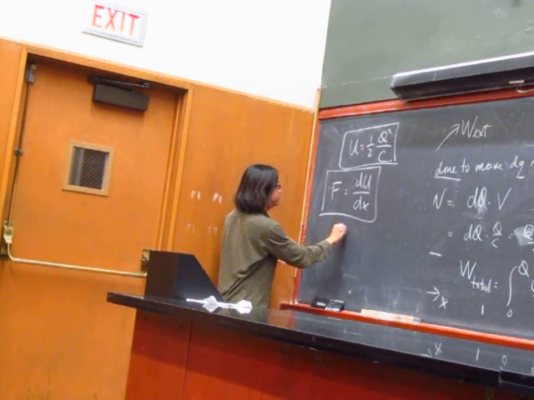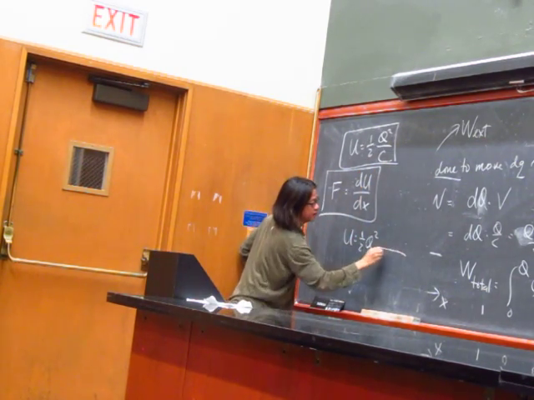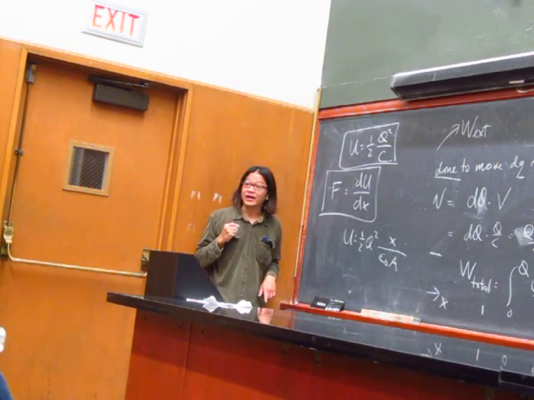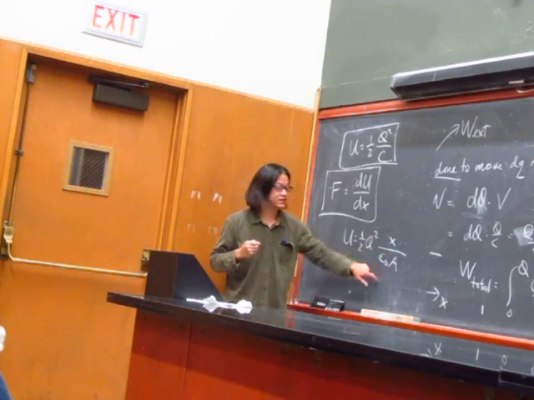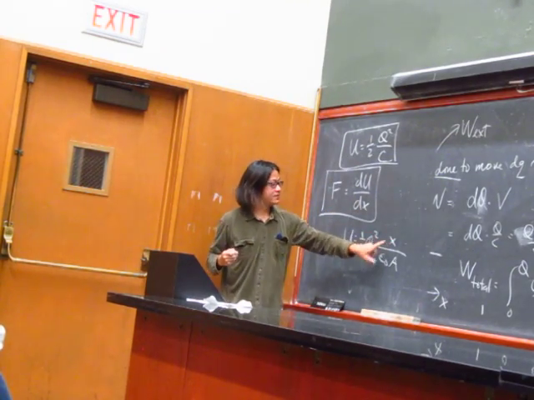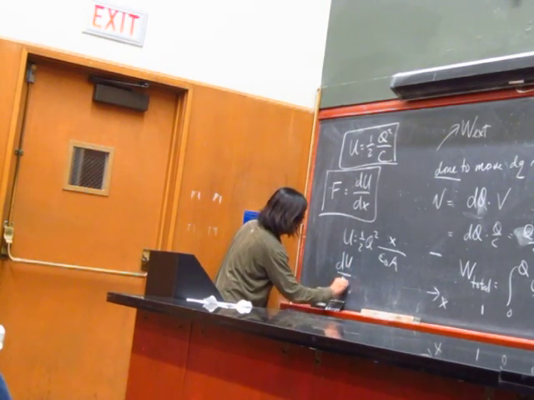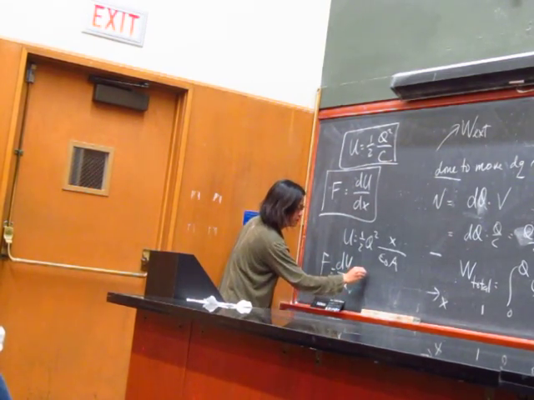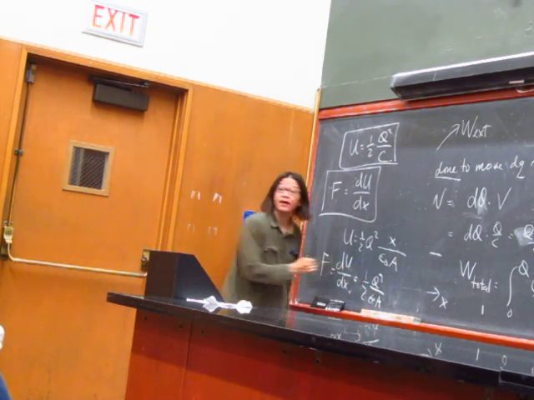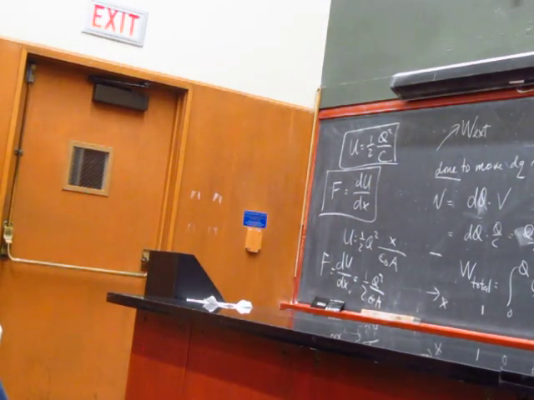In fact, it's very easy, right? U is just 1/2 Q squared over C, and C is epsilon naught A divided by X, right? This is just 1 over C, right? If I differentiate that with respect to X, it's then equal to 1/2 Q squared over epsilon naught A. So again, everything is consistent here, right?